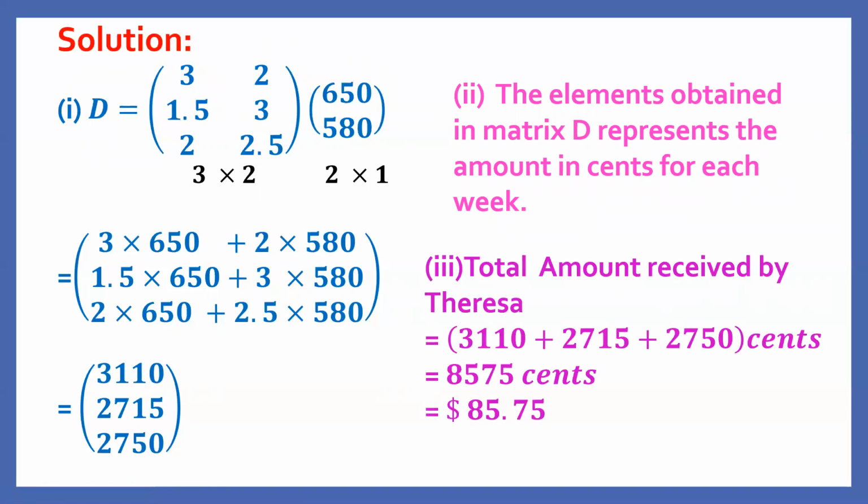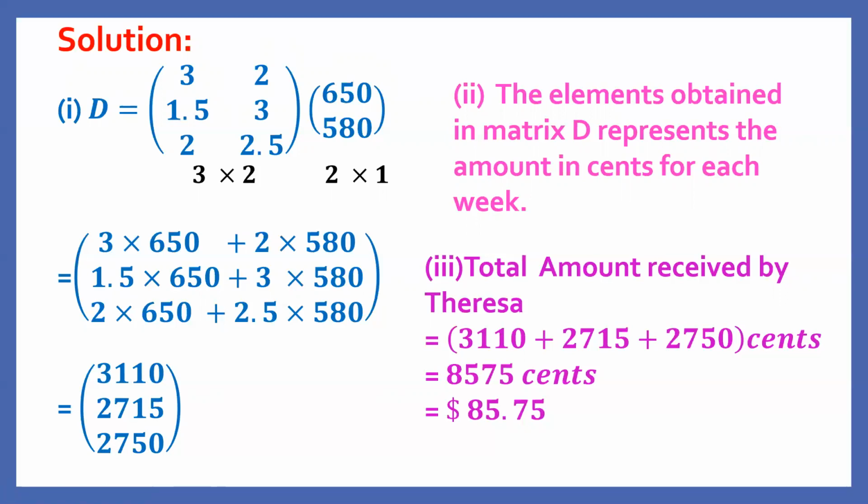Third part, the total amount received by Teresa in dollars. Now remember, $1 is equal to 100 cents. So to convert these values into dollars, this means I will have to divide by 100.